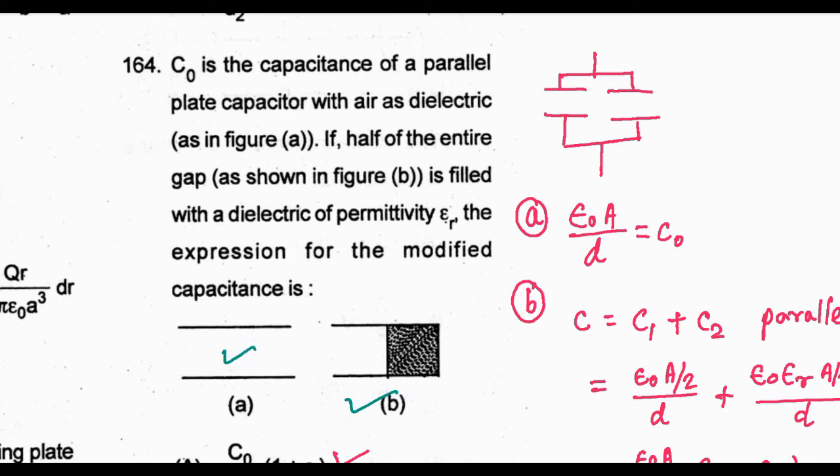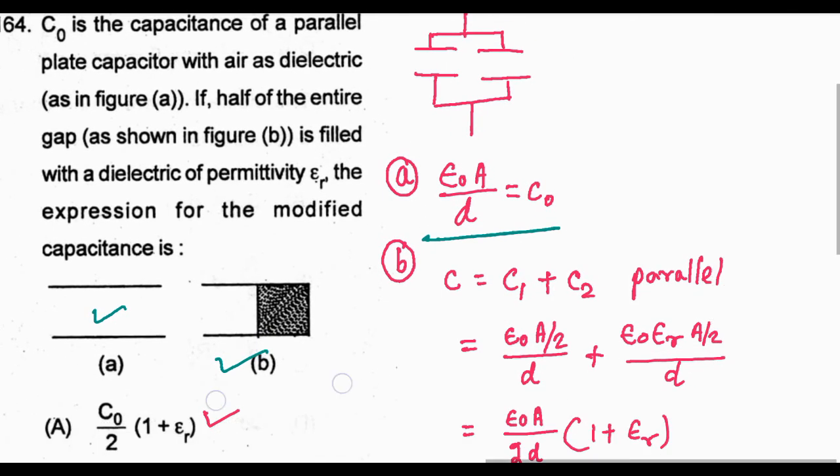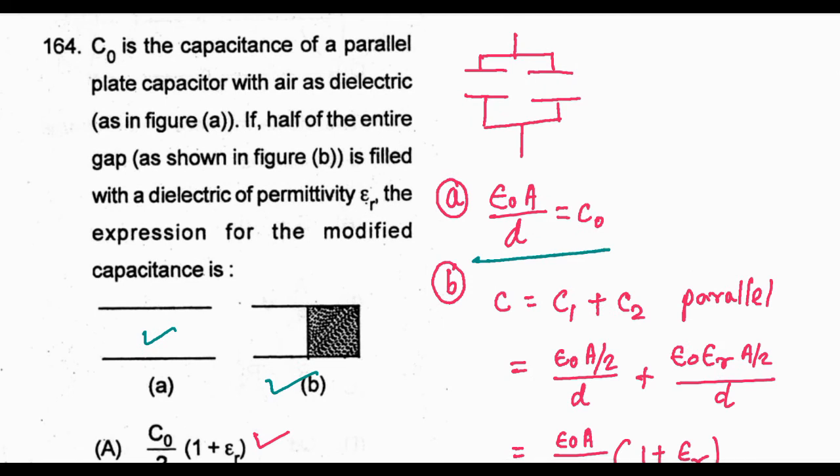For the first case, what is the capacitance? C naught is equal to epsilon naught A by D. When half of the capacitor is filled with another dielectric having permittivity epsilon r, this will be a system of two parallel capacitors, and the capacitance will be C is equal to C1 plus C2.